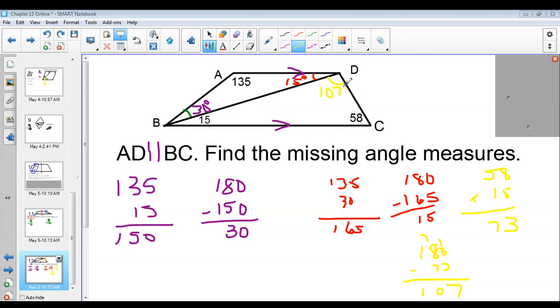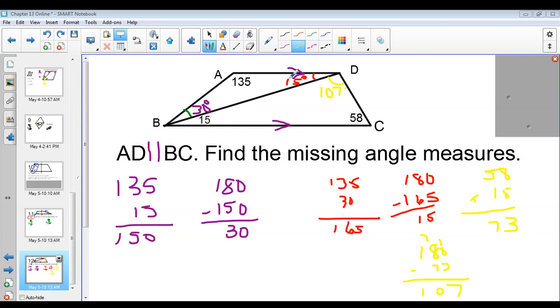And I know that that's going to work with the triangle, and it works with the rule of 180 on this side. And now what I can do also is make sure that all of my angles altogether add up to 360 degrees, now that I've found every part of my trapezoid.